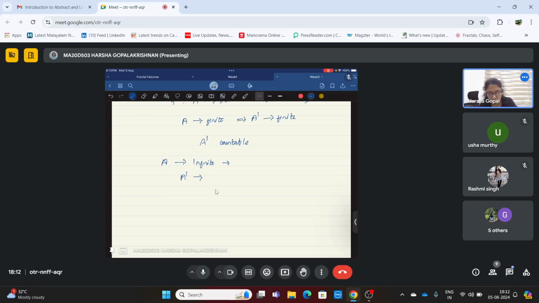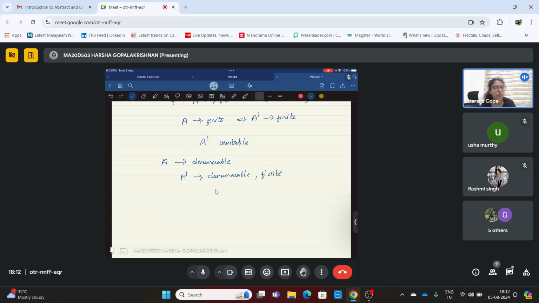It need not be denumerable. Suppose A is denumerable. Countable means it can be denumerable or finite. In case A is denumerable, A dash can be denumerable, as I showed earlier. Or it can be finite also.